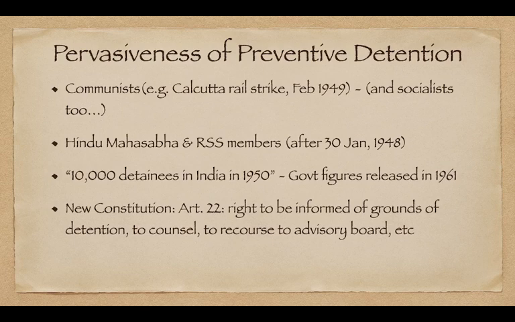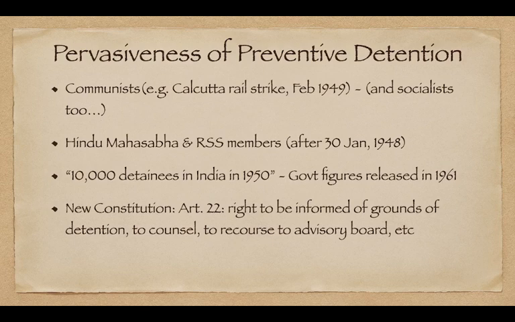Having said that, apart from communists, Hindu Mahasabha and Rashtriya Swayamsevak Sangh members were also being detained, especially after the assassination of Mahatma Gandhi, because these two organizations were accused of having connections to that particular tragedy.